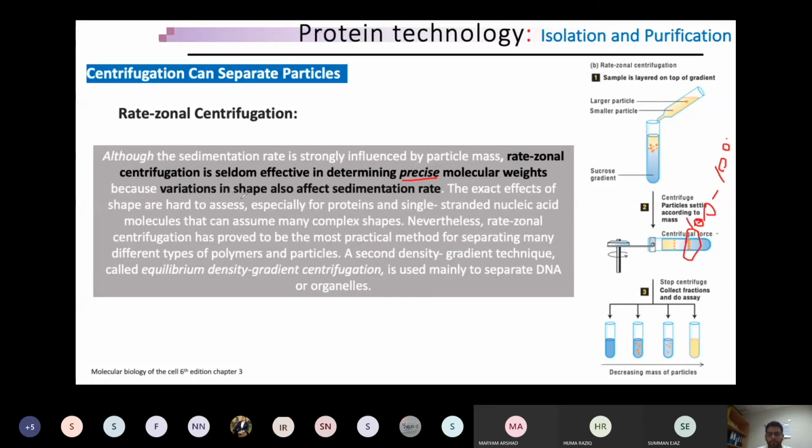Similarly, any type of centrifugation could be affected by the shape of the molecule. This is an important thing you need to understand: even smaller molecules, if they take a much better shape, could act like a heavier thing. I'll give you an example from everyday life. This paper is much lighter, simple, two-dimensional.